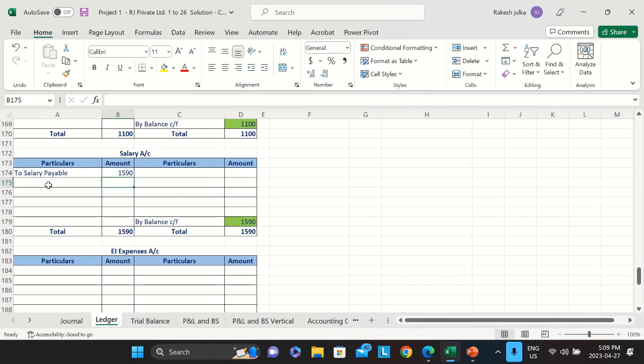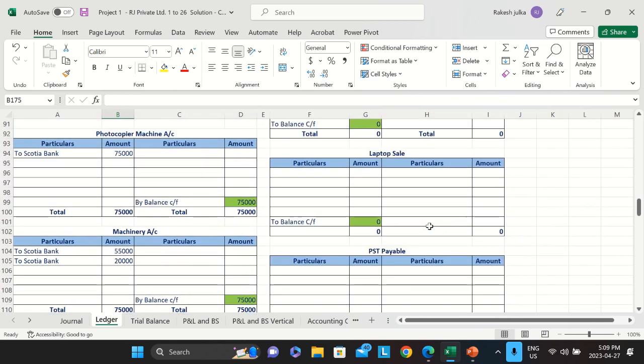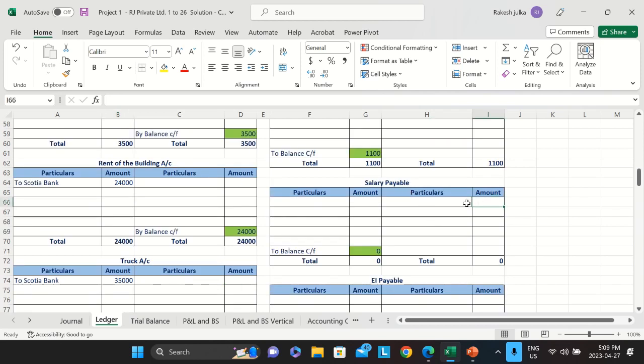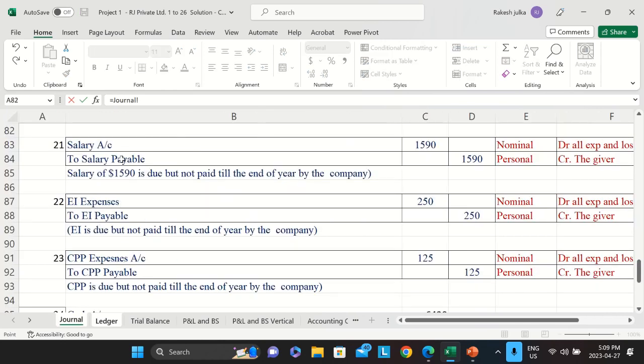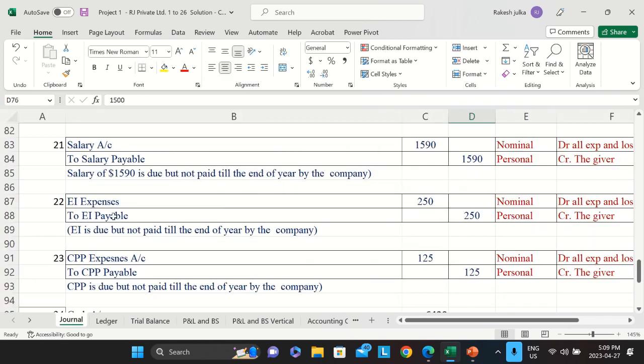To make the double effect, this is on the debit side, and on the credit side we will write under salary payable. So here I'm going to write "by salary". The amount is exactly the same amount which we debited. Salary payable is 1599. So this transaction is also done.